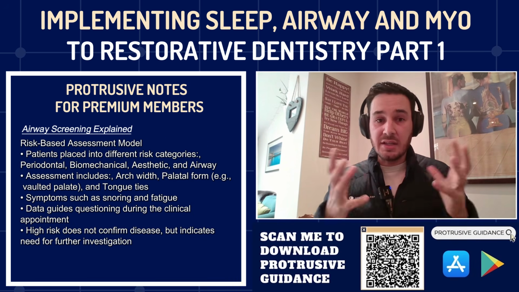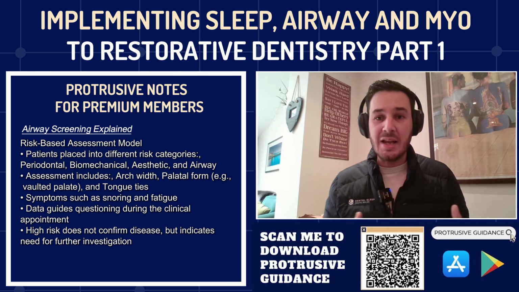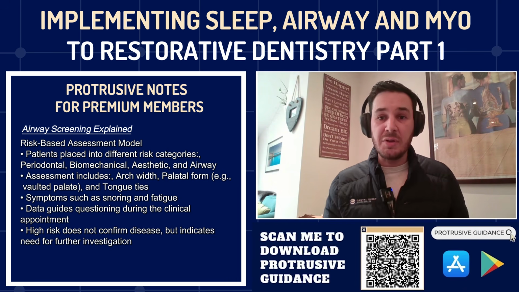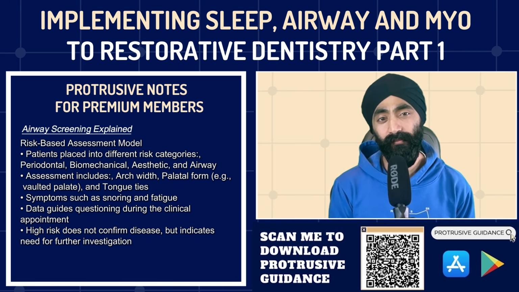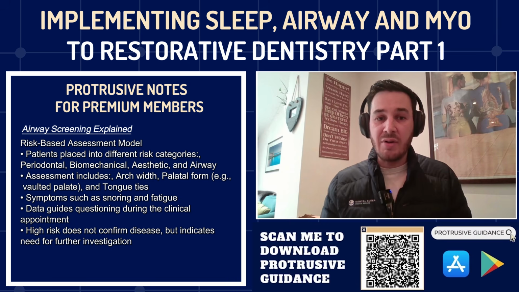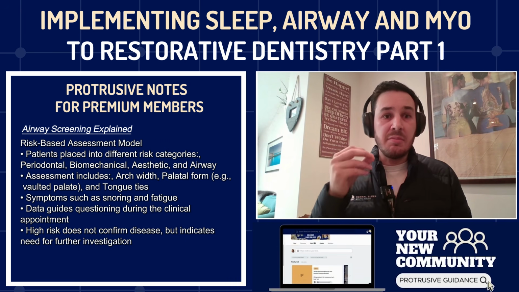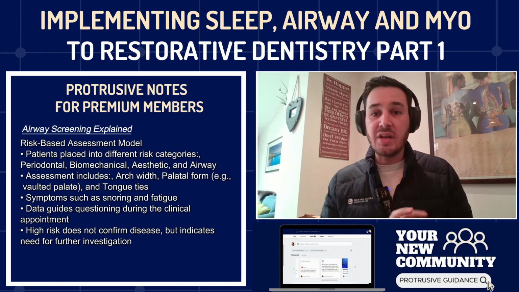I'm looking at their scans, at arch widths, at vaulted palates, at tongue ties, at what they've told me on their questionnaires. Are they feeling tired? Do they snore? Things like that. From there, that will help me lead my questions when I've got them for an hour. And so I will be able to action some screening questions and work out if they're at high risk of having an airway problem or not.